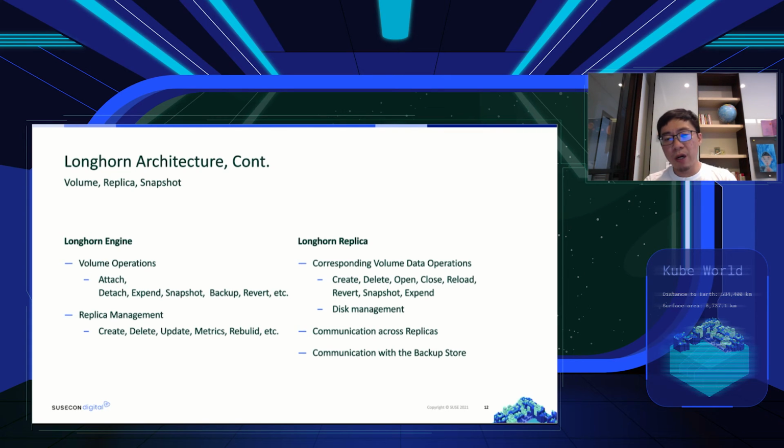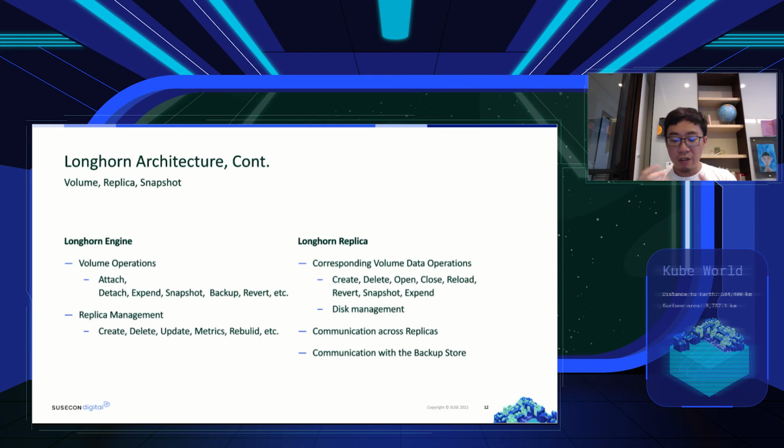And the other part is that you need to understand how many disks are managed on each node. So when you have a replica on the node, it depends on how many disks are available to use. And a replica is not just independent, it still needs to handle communication across the different replicas.